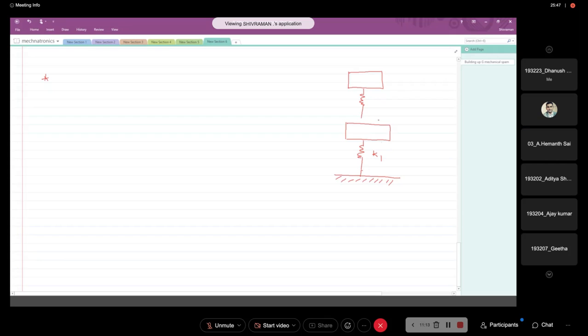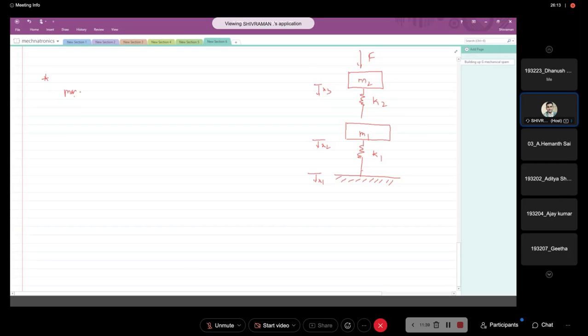This is spring K1, K2, mass M1, M2. You are applying a compression force F. The initial position of spring K1 is 3. First of all, you have to isolate the bodies. So here you have two bodies.